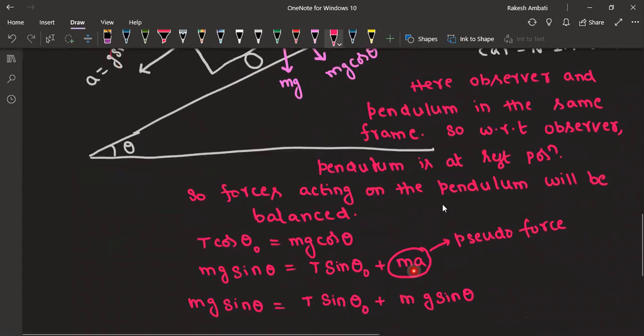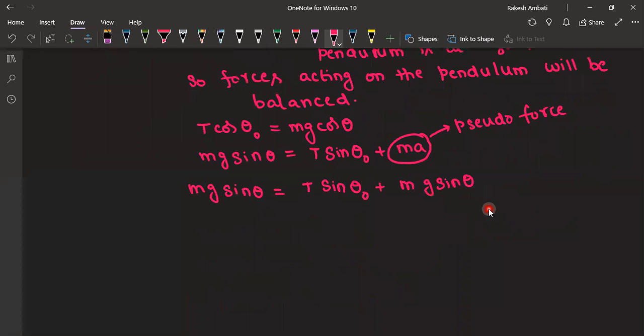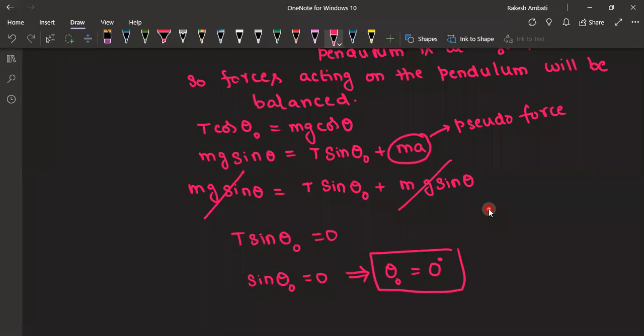So in place of A, g sin theta. Therefore mg sin theta cancels on both sides, and we have T sin theta naught equal to 0. That means sin theta naught equals 0, so the theta naught value is 0 degrees. So this is the question.